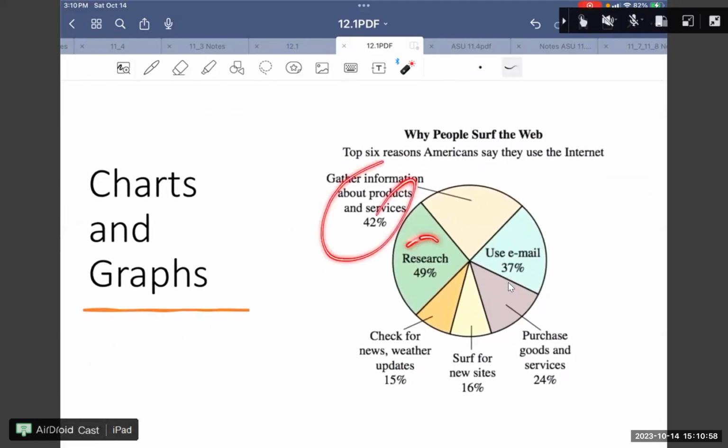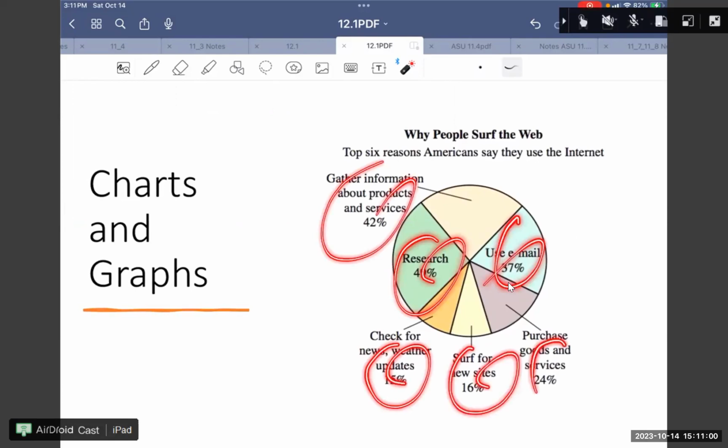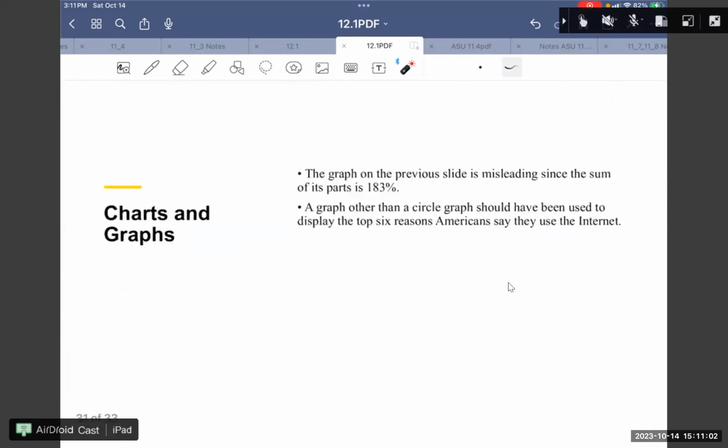You can add all this up, and it is equal to 180 percent.